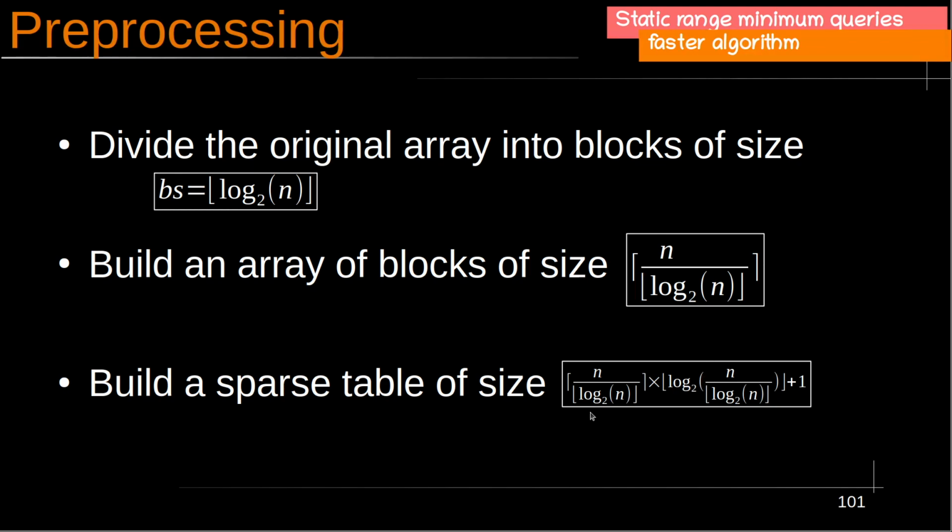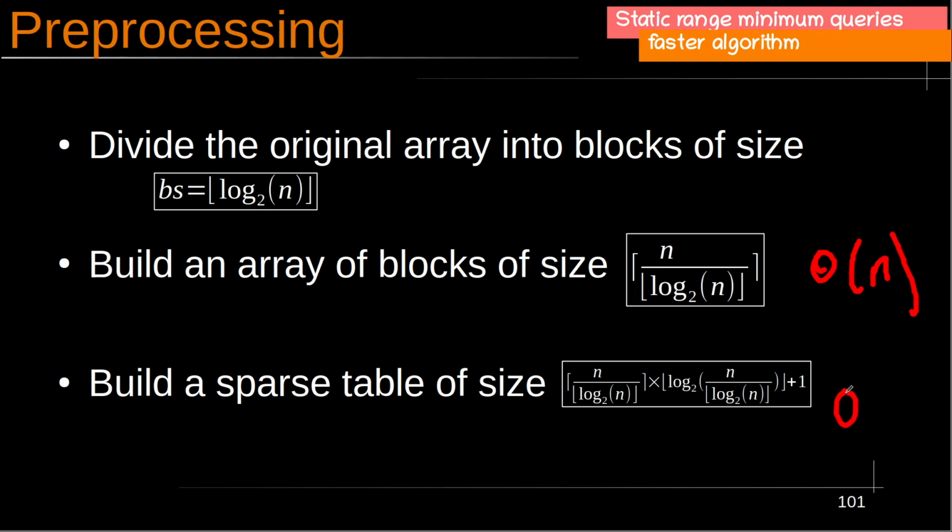The preprocessing for all of this: we build the array of blocks in linear time, because we have to read all the elements of the original array in linear time.